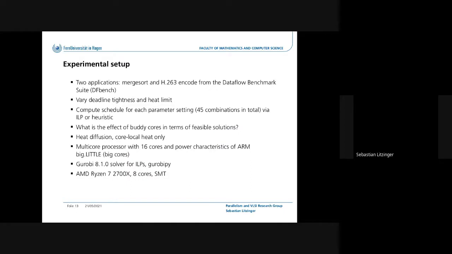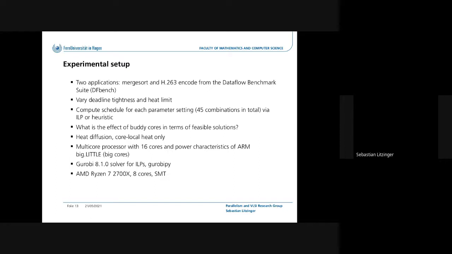What we then did for our scheduling experiments was to vary the round length, so essentially the deadline tightness, and the limit for the heat constraint. And then for all parameter settings that we examined, we computed schedules for these 2 applications via an integer linear program and also by a heuristic approach, which we also don't have time for now.